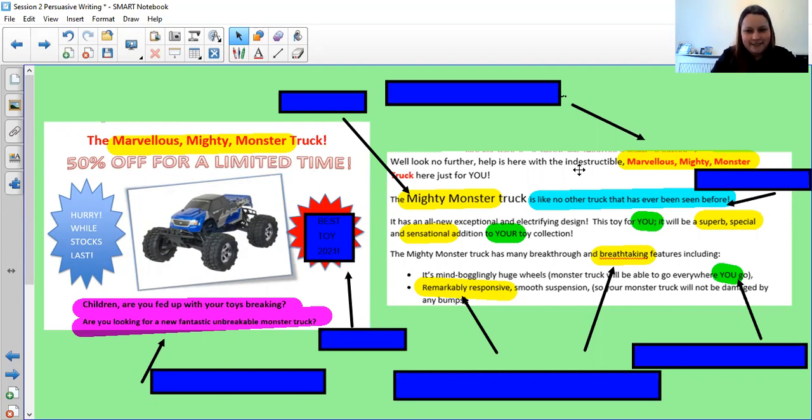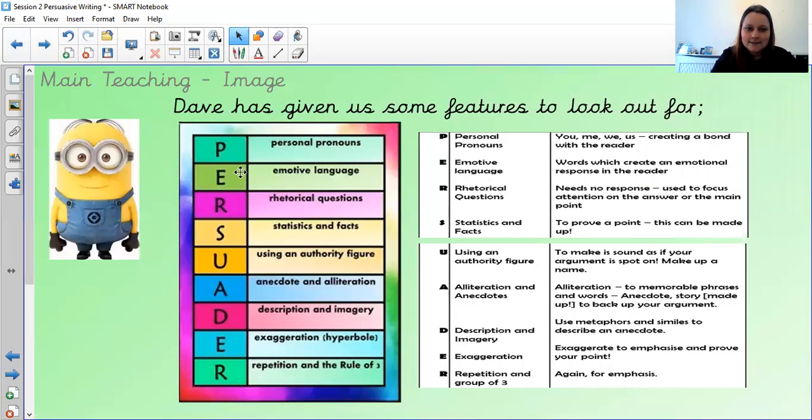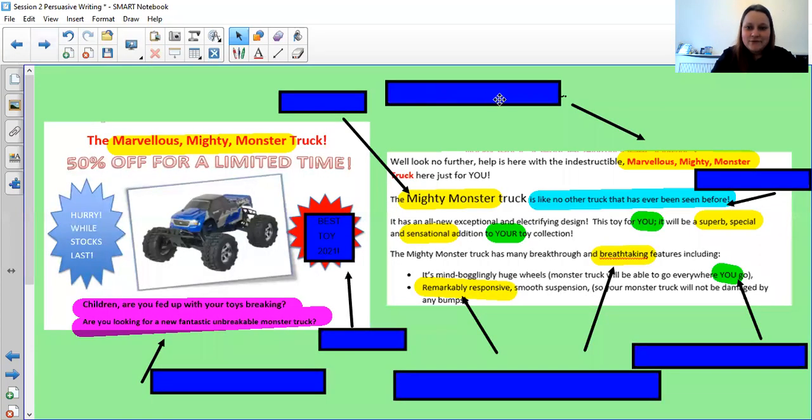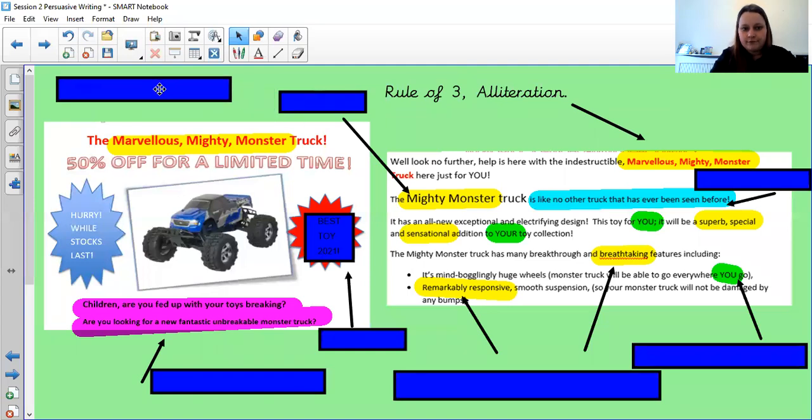Why have I highlighted marvelous, mighty, monster? What's that an example of? If we go back to here, because Dave has given us this to help us, hasn't he? What would that be an example of? Marvelous, mighty, monster. So hopefully you've identified that that would be an example of the rule of three.